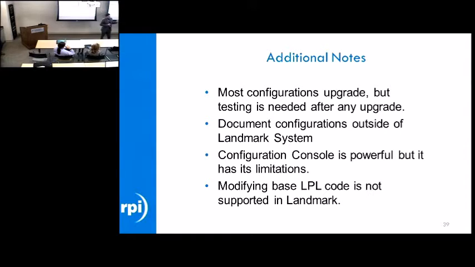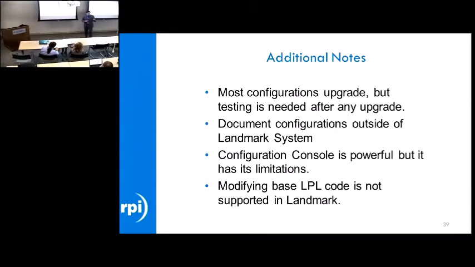Configuration console is powerful, but it has its limitations. Kind of what Jeremy alluded to, you have to do an end around sometimes to get it to do what you want it to do. You can't just say, "Hey, I want to look at this business class and I want this to update this other business class." You actually have to do an end around and do some weird stuff.